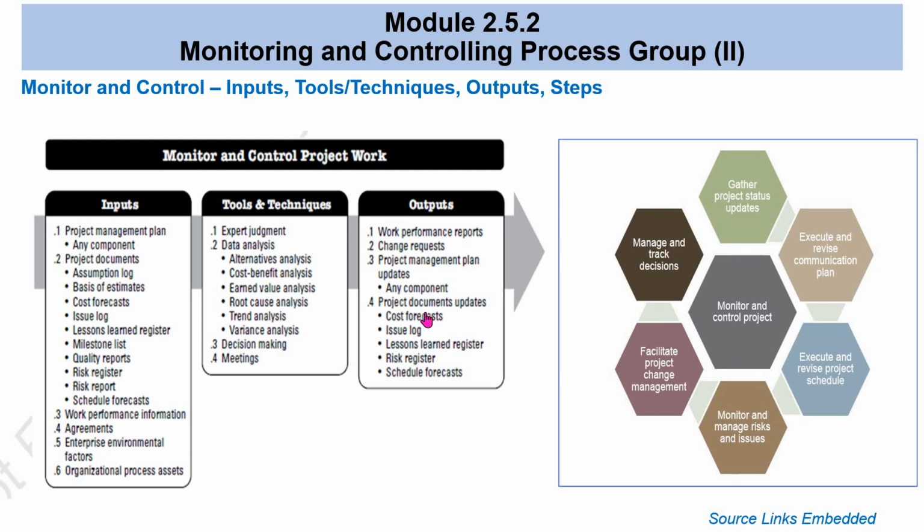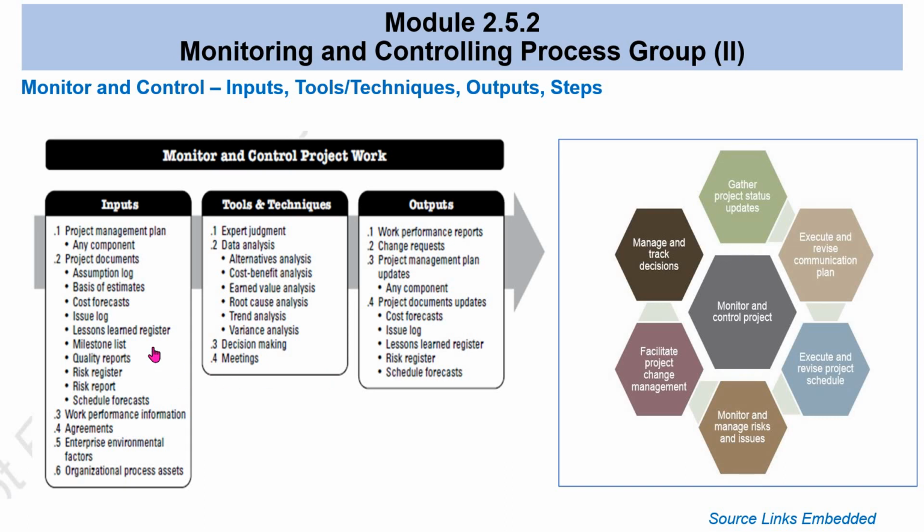Also, what are the documents that need updates, related to things like your cost forecast, issue logs, lessons learned, risk register, and schedule forecast, and many other things that you've planned and are now executing in a project.